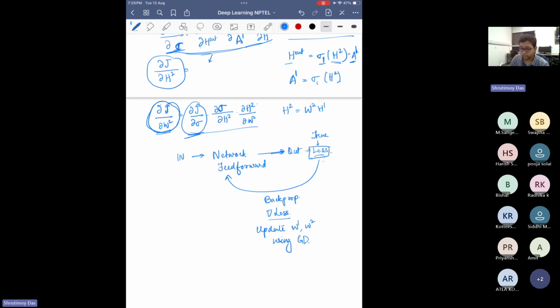Once you are satisfied with the loss, that means you have trained your neural network to whatever quality you want, and then you can use that model for, say, testing or validation. So this is the whole process of training a neural network using feed forward and back propagation. Is the whole process clear, or are there any doubts?